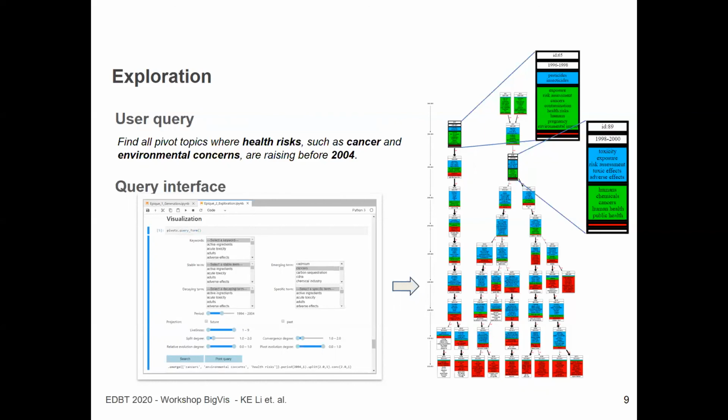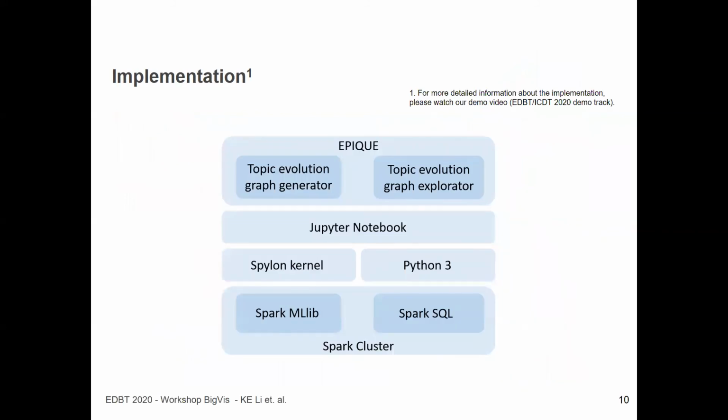Here is an overview of the architecture of a web application implemented on top of Apache Spark and Jupyter Notebook. The entire process to study science evolution over a corpus is split into two steps, for building the pivot evolution graphs and for interactively exploring these graphs. Each step corresponds to a separate user interface.